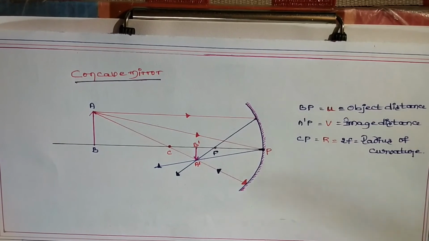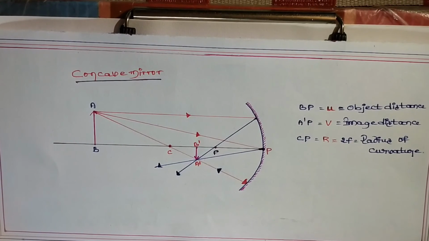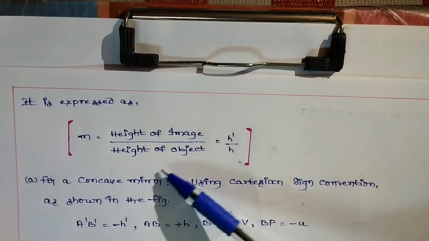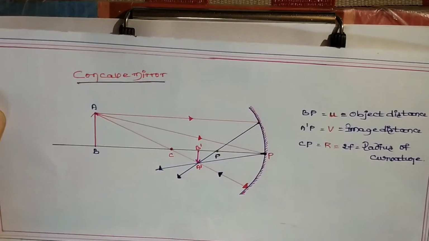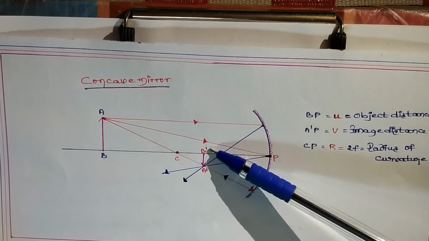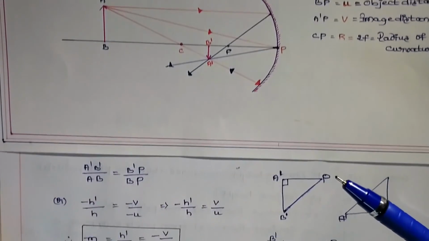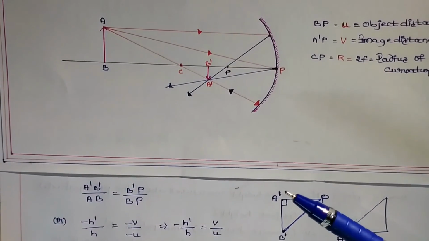Here we are taking the height A dash B dash. Magnification is equal to image height by object height. Here A dash B dash is the image height, and AB is the object height, equal to B dash P by BP.